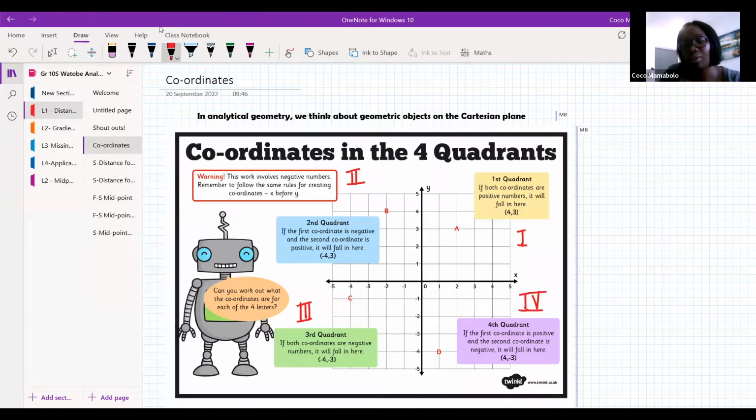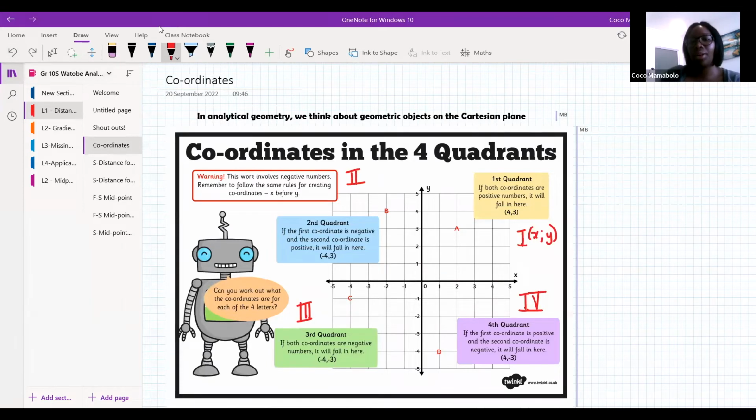Right. Now, if you read what's been written here in the yellow, the blue, the green, and the purple, you will notice that our first quadrant always has a positive X and a positive Y value. And that's because of where our X and our Y are positioned. Our X's are all positive and all our Y's are positive as well.